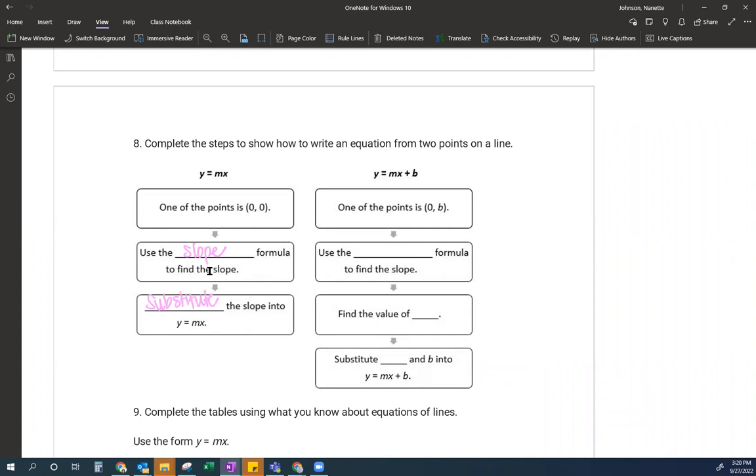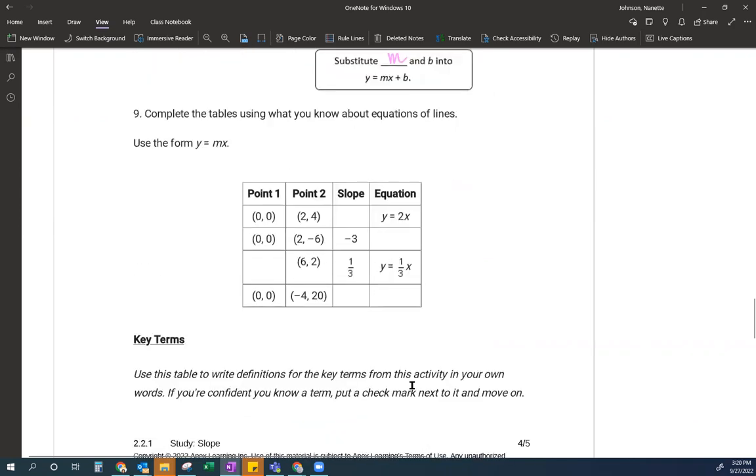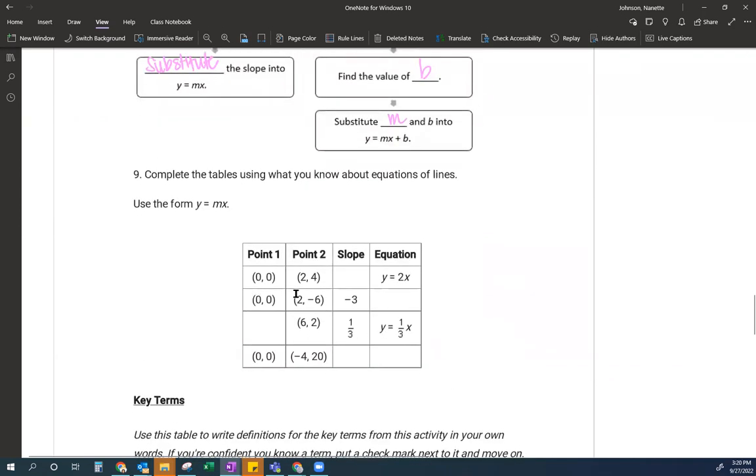If not, then you'd use the slope formula, and then you'd find the value of b, and then you'd substitute m and b into your equation. See, m goes there, b goes there. Makes sense? So right here, they want you to practice finding all these things. So go ahead and pause so you can find out all these things.